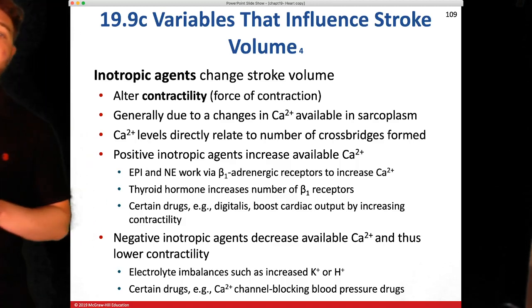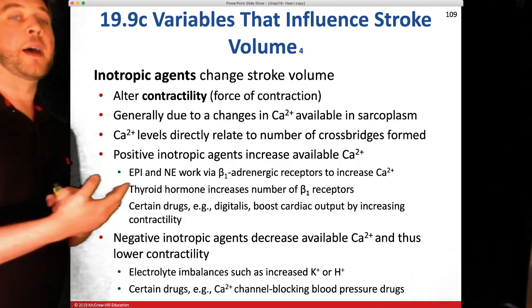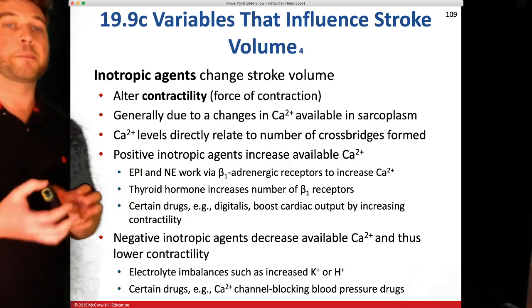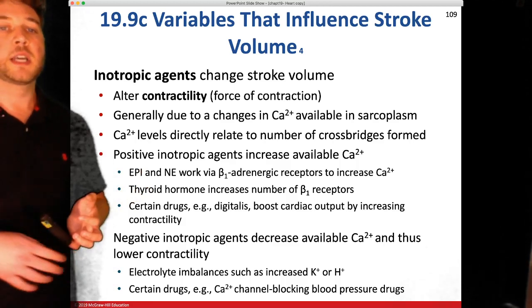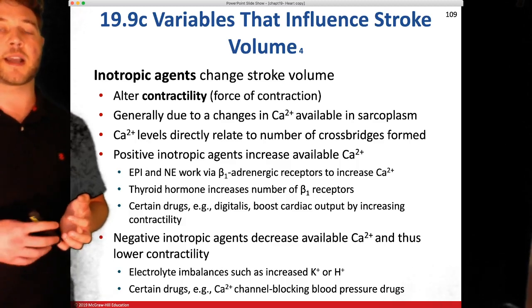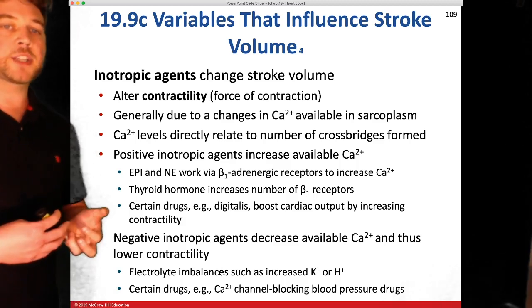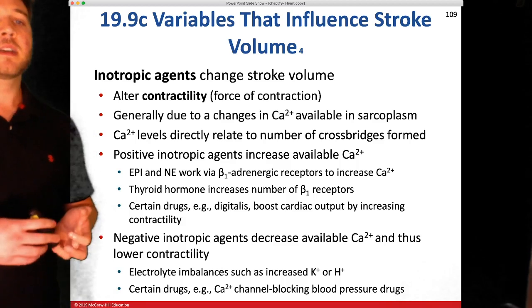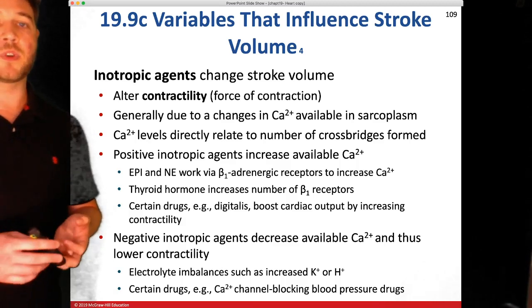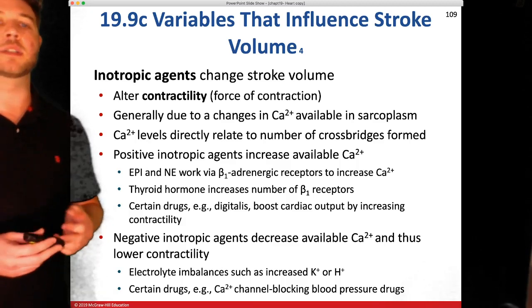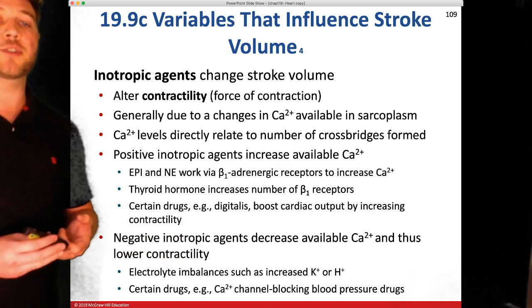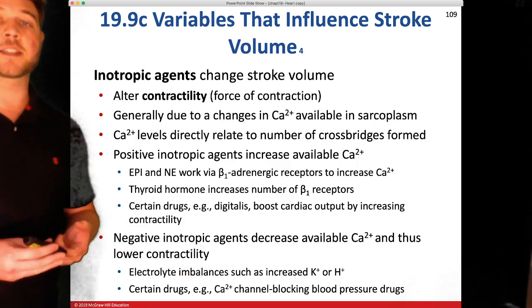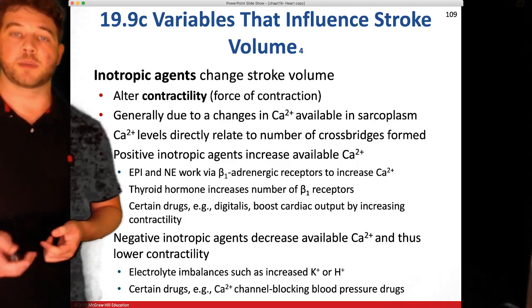Positive inotropic agents increase available calcium: epi and norepi via beta-adrenergic receptors, thyroid hormone increasing number of receptors, and certain drugs boosting cardiac output. Negative agents decrease calcium availability and lower contractility. If you don't have as much calcium, you can't form as many cross bridges. Examples include electrolyte imbalances, such as increased potassium or hydrogen, and certain drugs, calcium channel blocking drugs, blood pressure drugs.